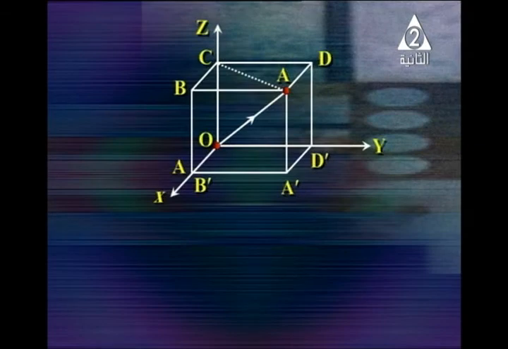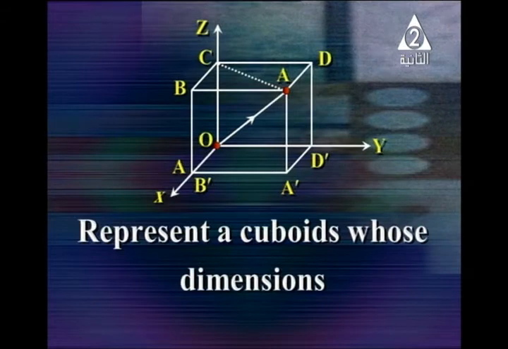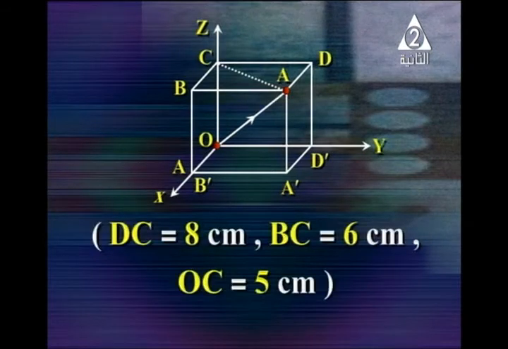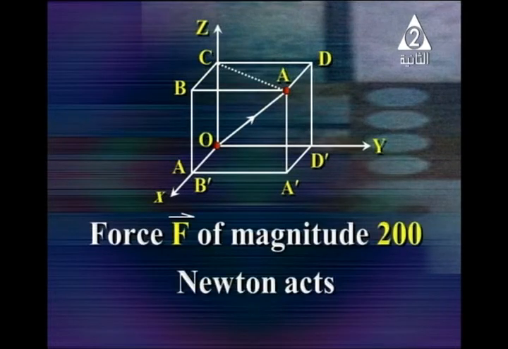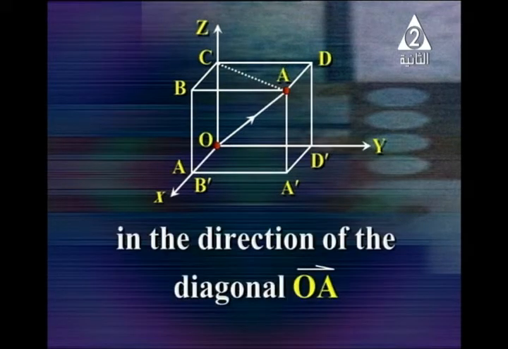Look at A, B, C, D. The opposite figure represents a cuboid whose dimensions are DC equals 8 centimeters, BC equals 6 centimeters, OC equals 5 centimeters. The three dimensions are lengths 8, 6, and 5 centimeters. A force F of magnitude 200 newtons acts in the direction of OA.